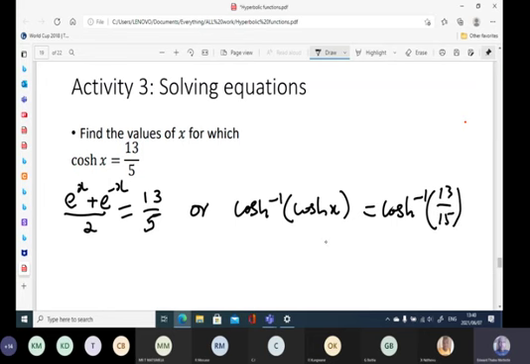And then this one you punch on your calculator. So I have a calculator in front of me here. You click hyperbolic, HYP, then you choose number 5. So you substitute 13 over 15 there.